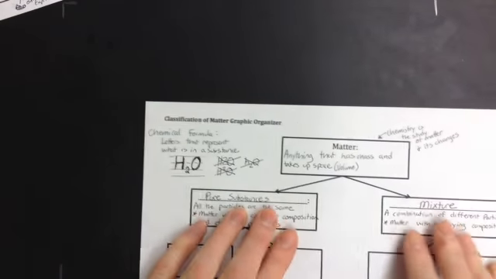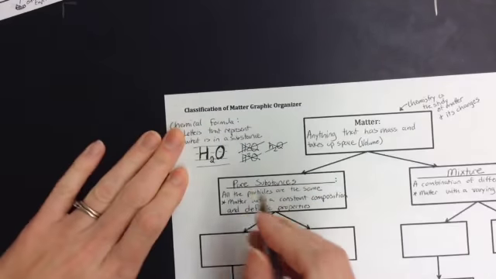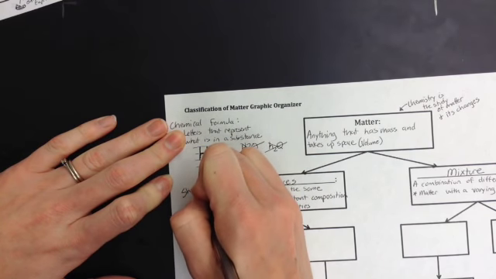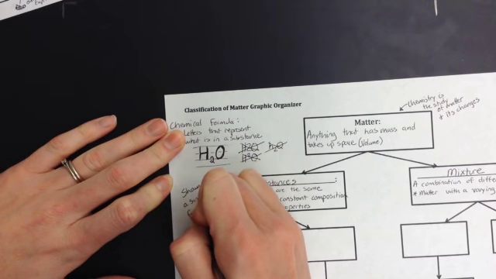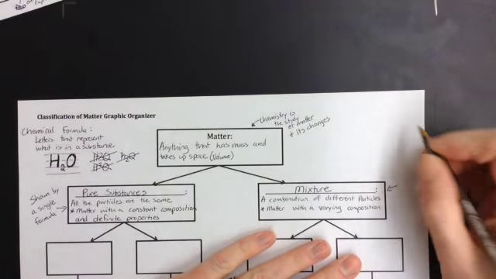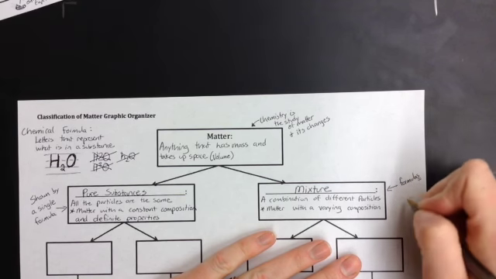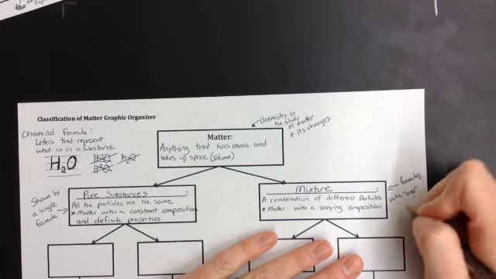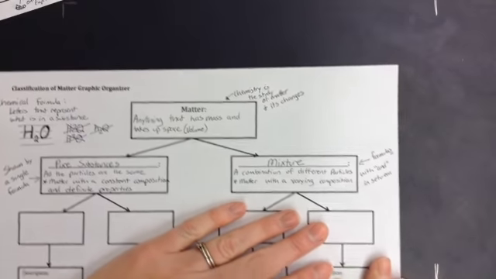So when you're looking at a pure substance or a mixture, you can look at the chemical formulas and know. If there is a single formula, then you are looking at a pure substance. If you have formulas with an "and" or an and sign in between, then you are talking about a mixture.